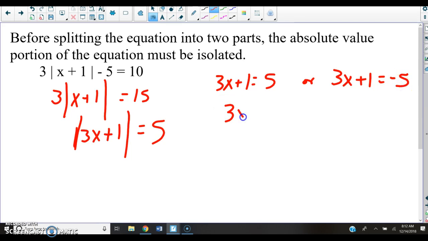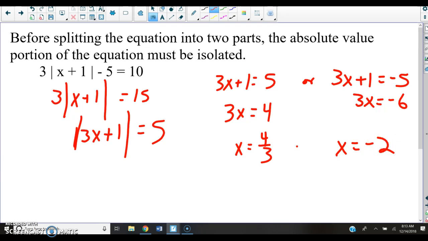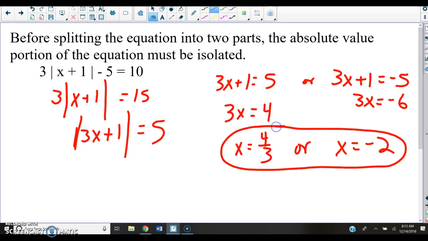When we subtract 1, we'll get 4, and here we get 4/3. On this one, when we subtract 1, we get negative 6, and when we divide, we get x equals negative 2. But the key on this type of problem is to isolate the absolute value first, so you get absolute value of something equals a number. Also note, if this number had been a negative, then there would be no solution.